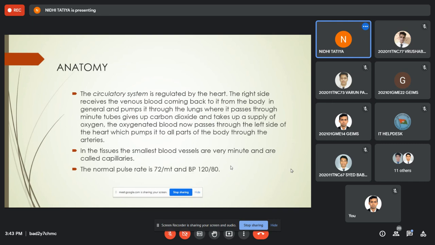Oxygen blood input, oxygen blood output. Oxygen came in, oxygen went out.